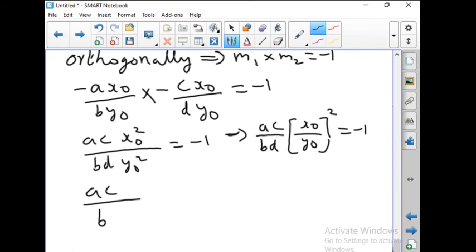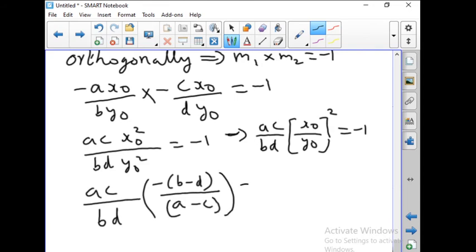Bring that here and substitute it. So what you get? ac by bd into minus b minus d by a minus c is equal to minus 1.